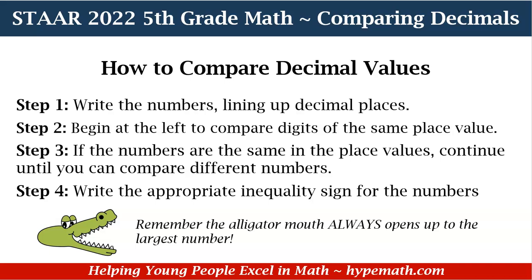Step 3, if the numbers are the same in the place values, continue until you can compare different numbers. And don't worry, we will be going over examples. Step 4, write the appropriate inequality sign for the numbers. Remember, the alligator mouth always opens up to the largest number or the biggest number.